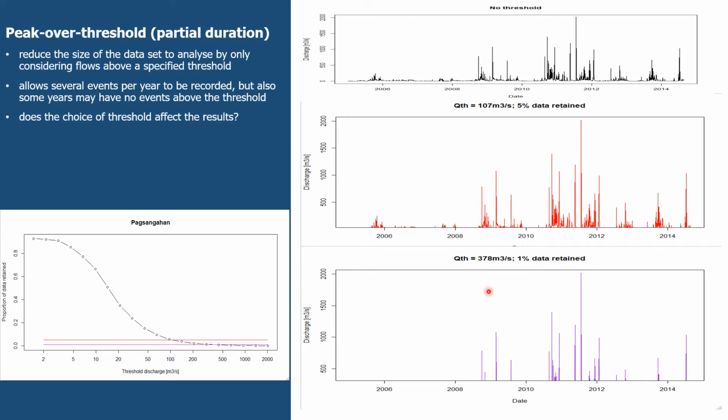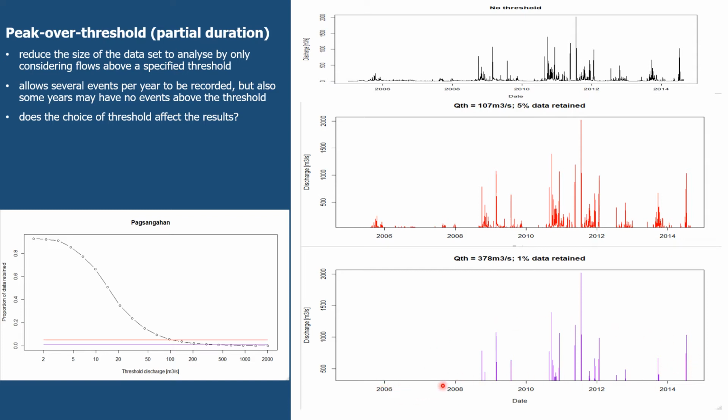If we increase the threshold to only retain 1% of the data, 3.6 days each year, that needs a threshold in this case of 378 cubic meters per second. And you see that we get now a very different picture.